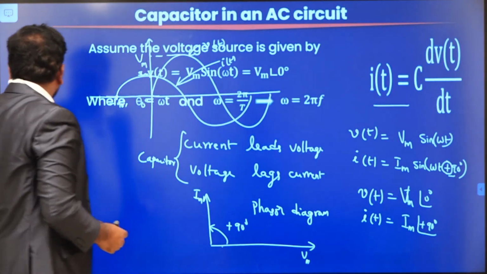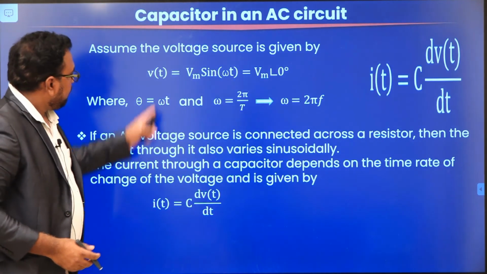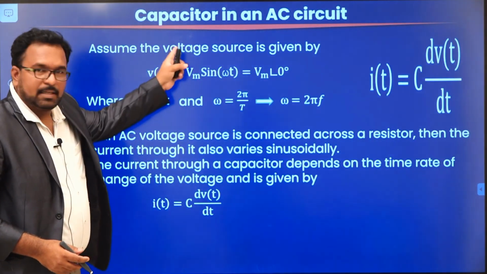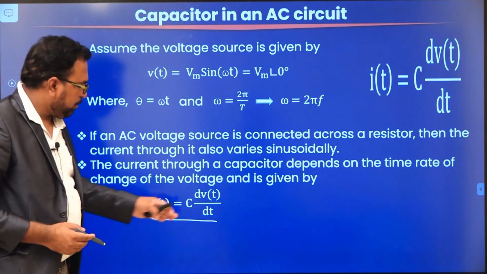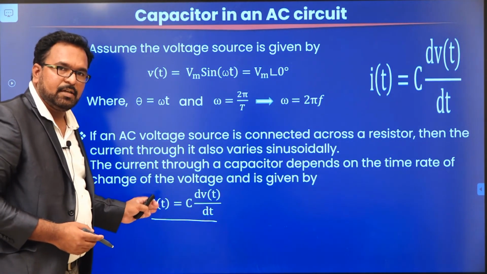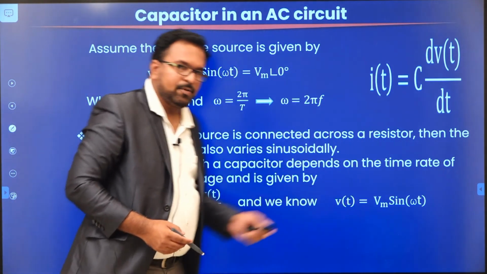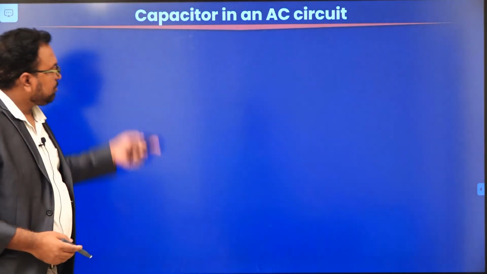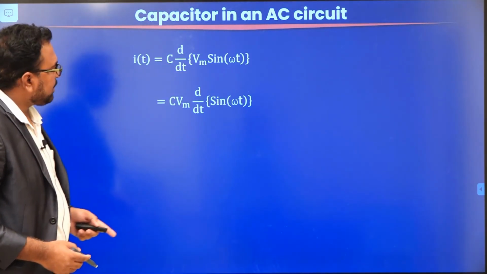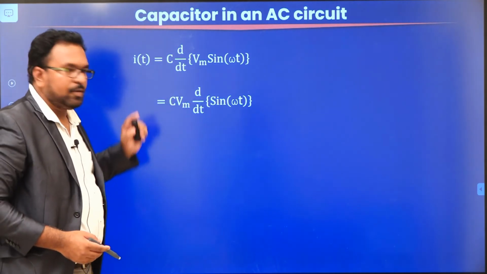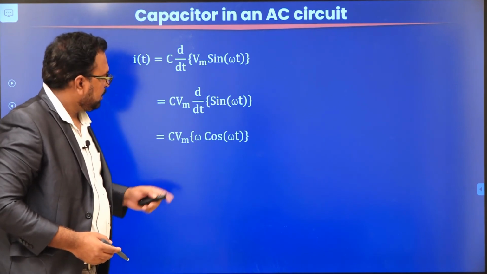So what have we considered? We have considered a sinusoidal voltage applied across the capacitor, and the current through the capacitor is calculated using this notation. Already we know the relation between current, voltage and capacitance. In place of V of t we have substituted Vm sin omega t, and taken the constant out of the differentiation because the variable is time.